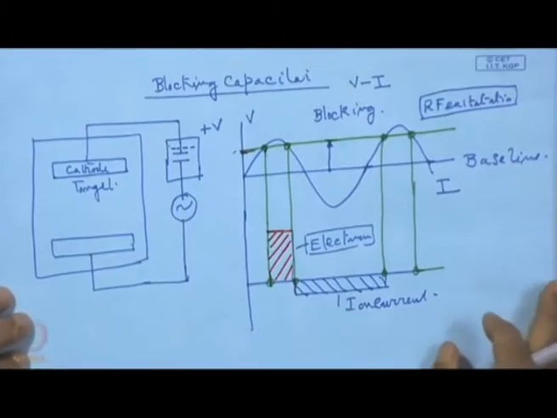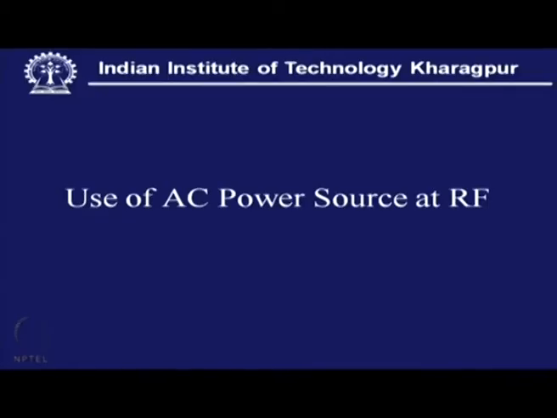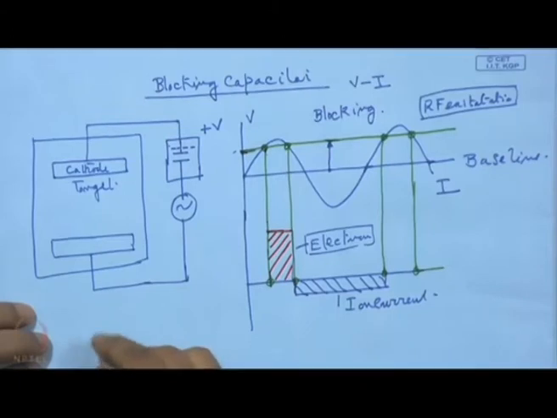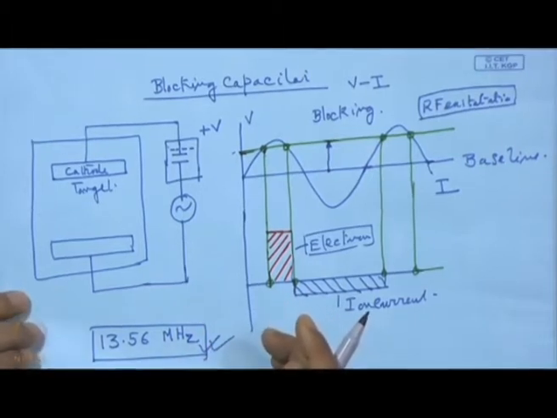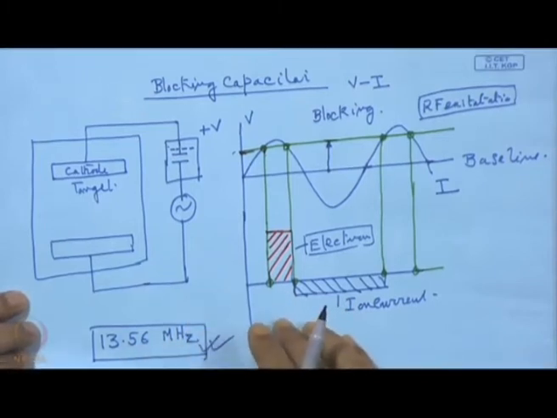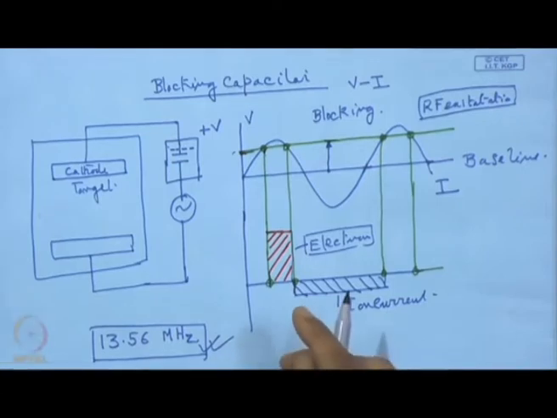The whole question is the use of an AC power source at a radio frequency, which is a very high frequency. It is a well standardized value, in megahertz, the frequency reserved for all these sputtering devices, and it is well accepted by the international community to follow this standard.